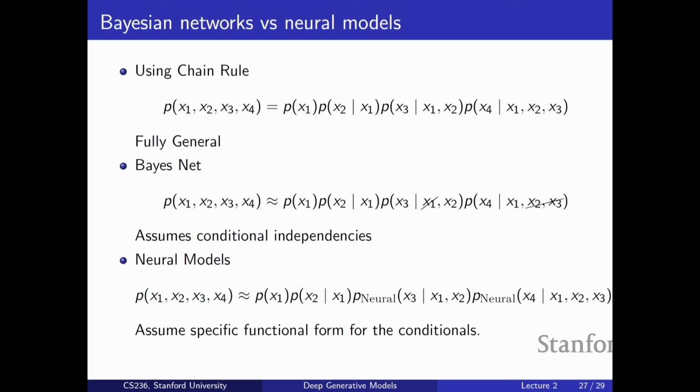And again, there's no free lunch: we're assuming that these conditional distributions can be captured by a neural network, which might or might not be the case in practice. But that's one way to get tractability, to the extent that these neural networks are not too big, and somehow you're able to tie them together.